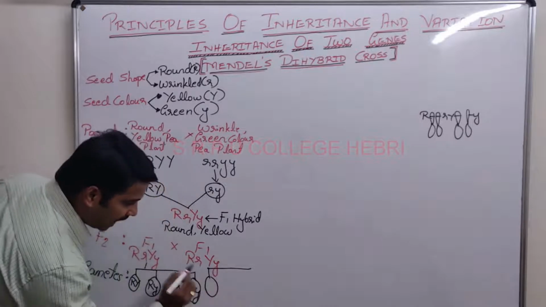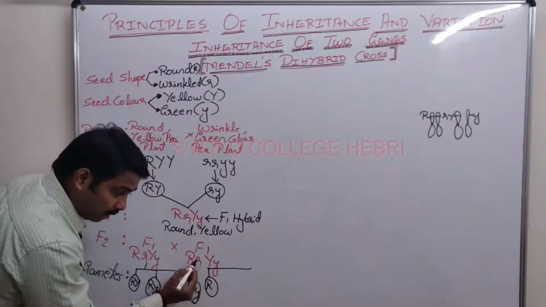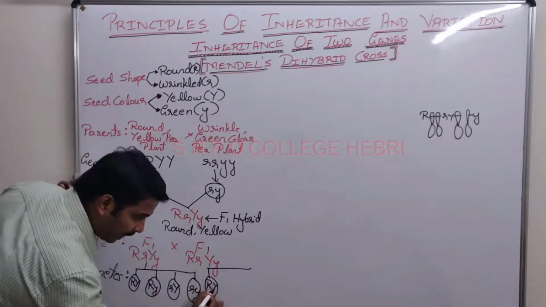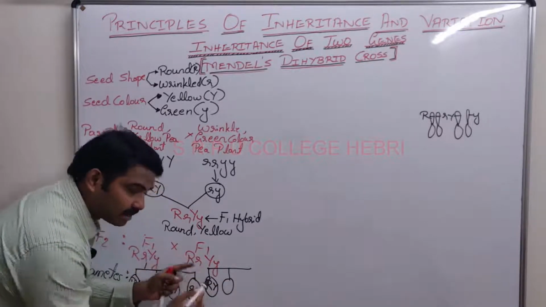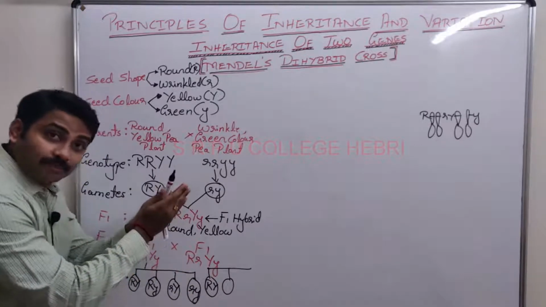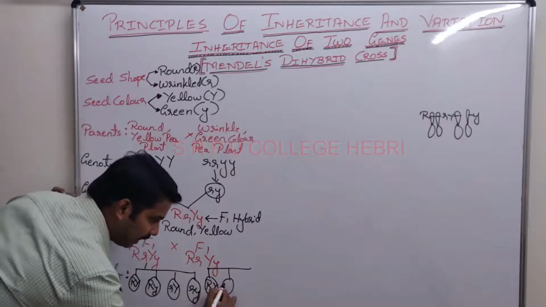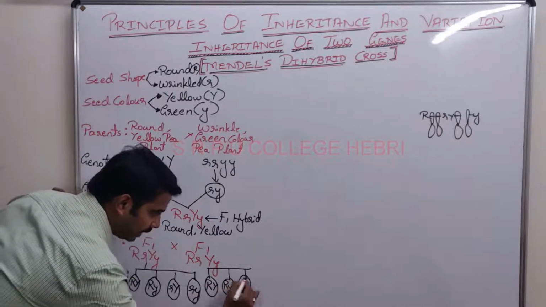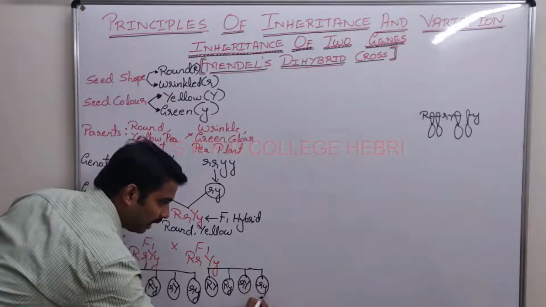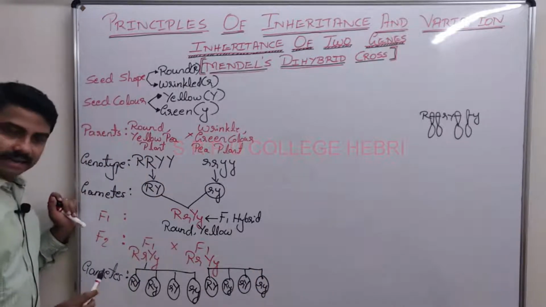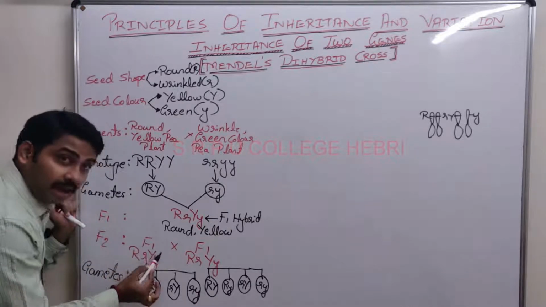Few gametes formed here are capital R, capital Y. Here, the mistake that you make is writing capital R, small r. No, chromosomes will segregate, they will separate, right? Law of segregation. Capital R, small y. Next, small r, capital Y, then small r, small y. Is that clear? Any confusion? Please don't make the mistake of writing capital R, capital Y, small y.